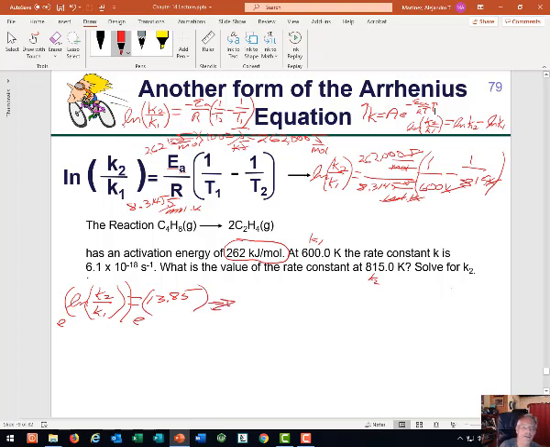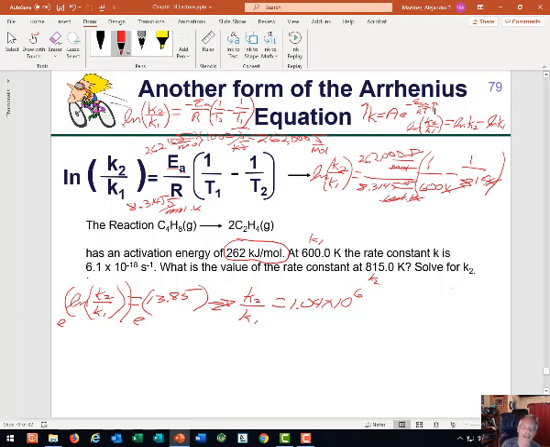This is the ratio of K2 over K1, and that's actually equal to 1.04 times 10 to the 6th, after taking the antilog e of the natural log 13.85.